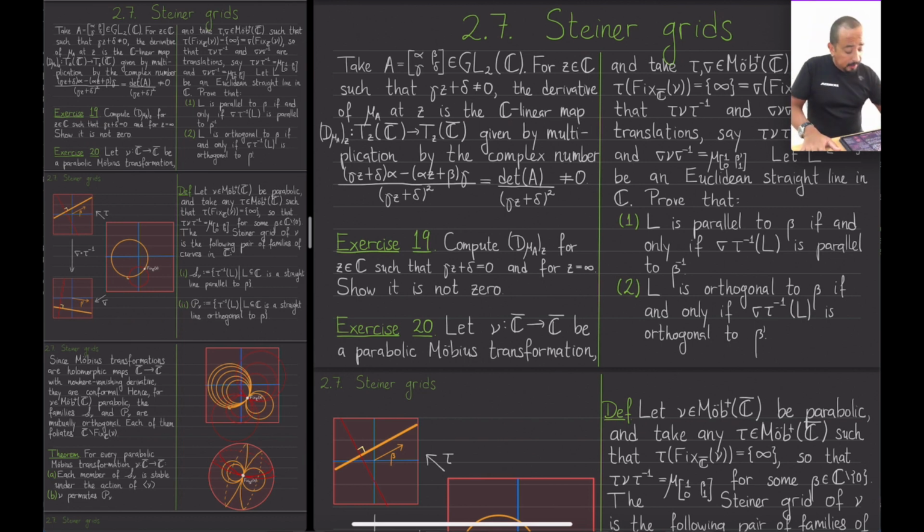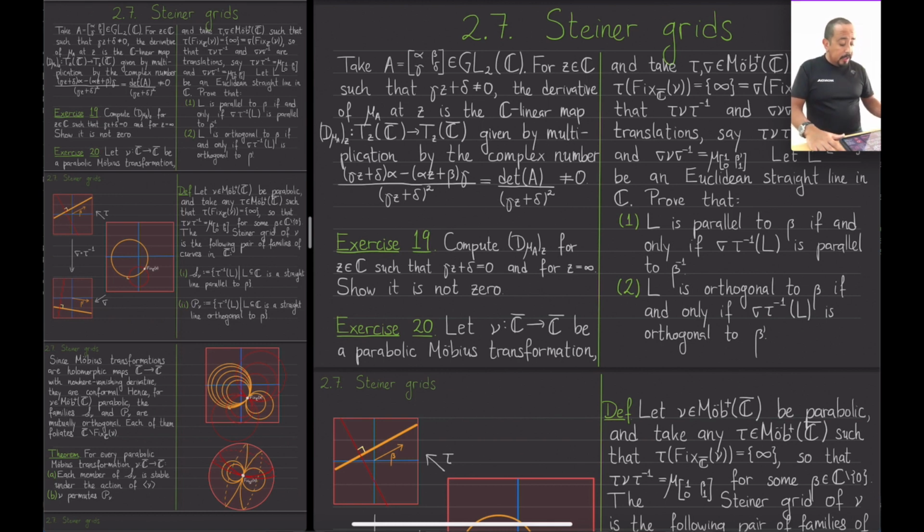So take two Möbius transformations that conjugate nu to two translations, say translations by the non-zero complex numbers beta and beta prime.